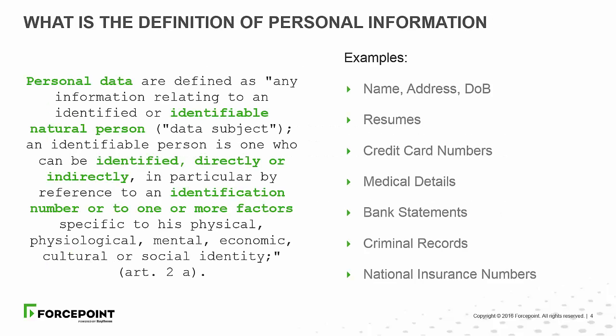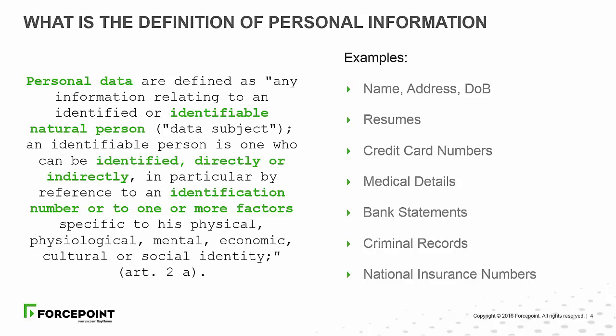And so, what is personal information? It's defined as any information that relates to an identifiable natural person, so a human being, and the person can be identified directly or indirectly by reference to identification numbers or other factors.